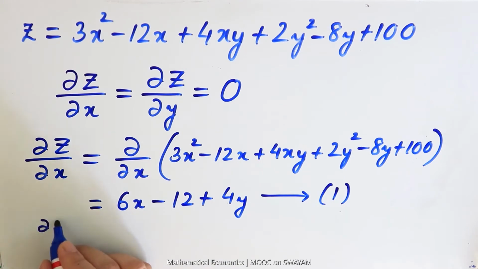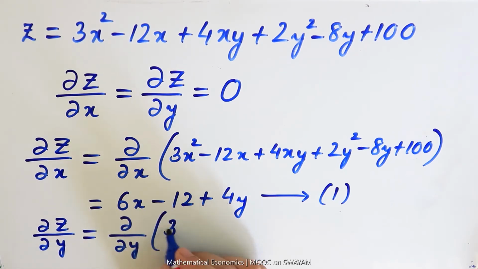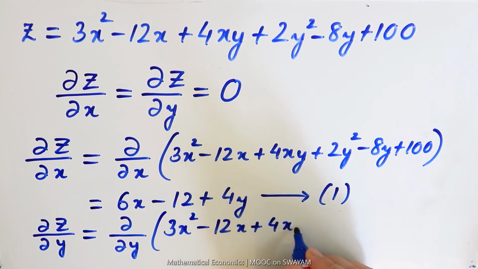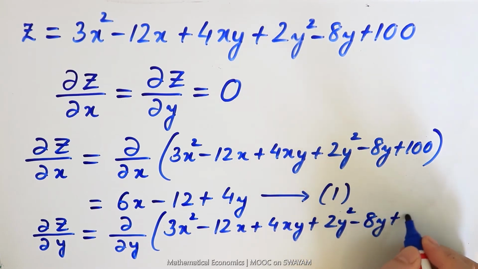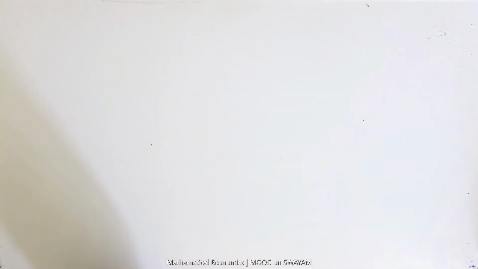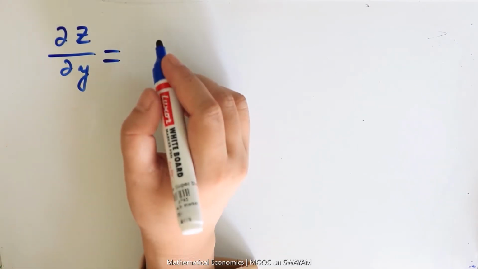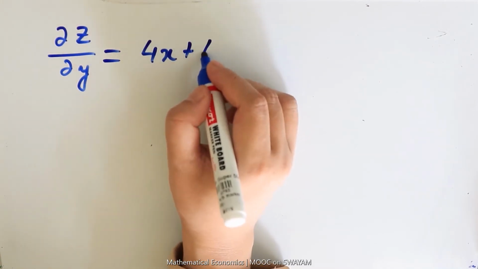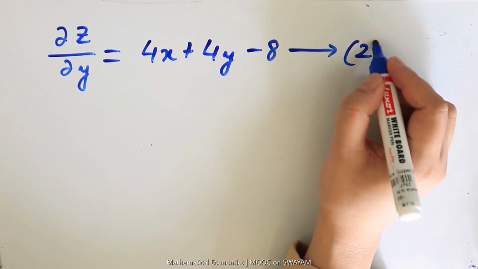And partial differentiation of z with respect to y will be equal to 4x plus 4y minus 8. Let us mark this as equation 2.